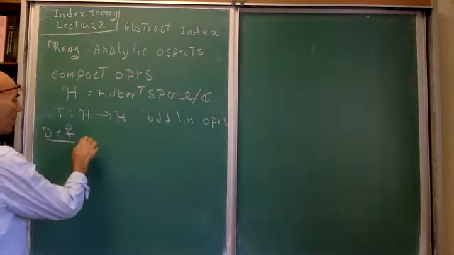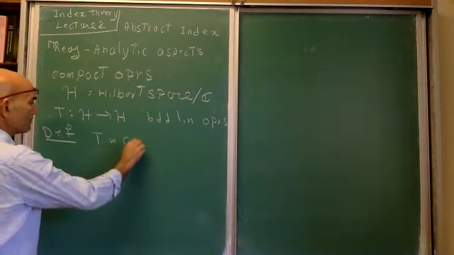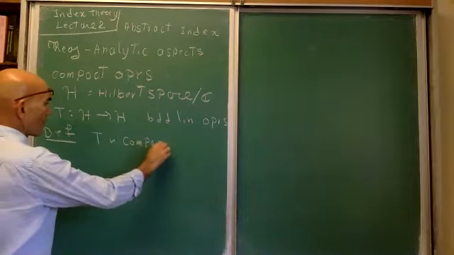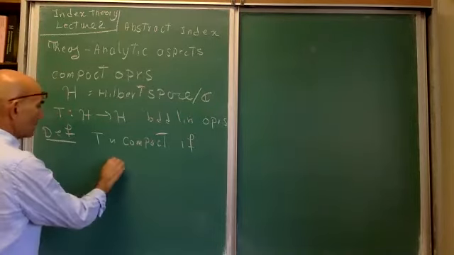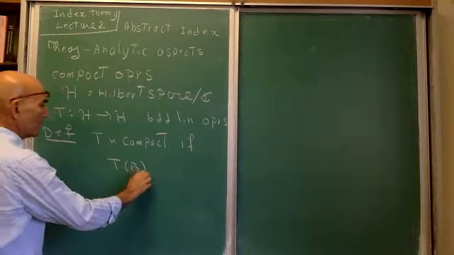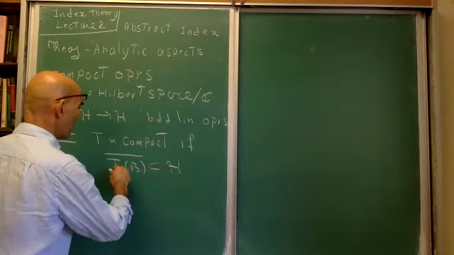This bounded linear operator T is called compact if T(B) closure inside H is compact.